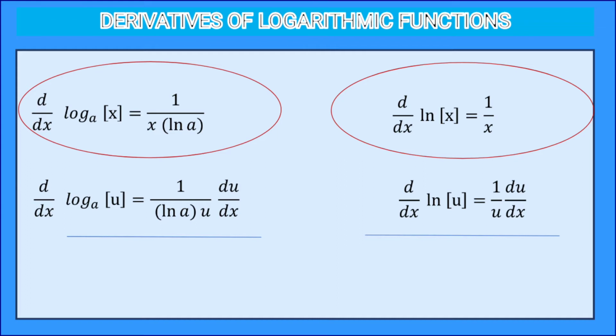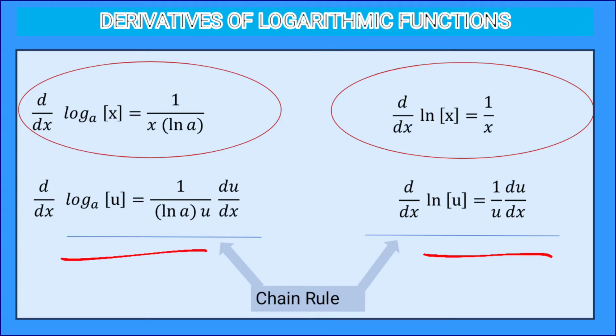Usually we are getting the derivative of the function inside the parenthesis or the bracket. So this bottom theorem is the chain rule for finding the derivative of the common logarithm and the natural logarithm. Take note of this.